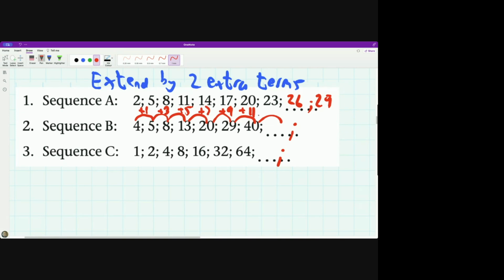What do we think the next one is going to go up by? I feel like if I look at this pattern, which is itself, I think I'm going to add 13. And then I guess I would add 15.